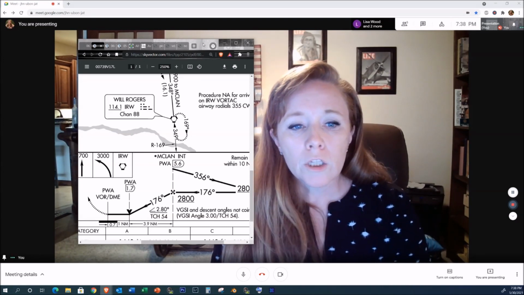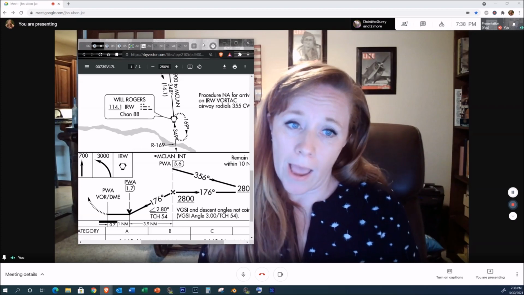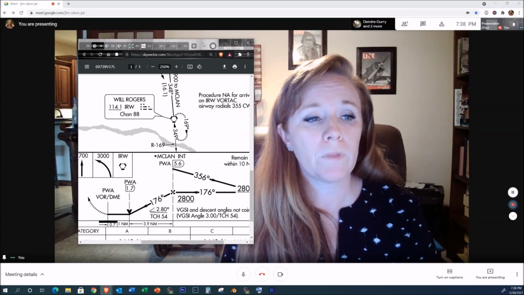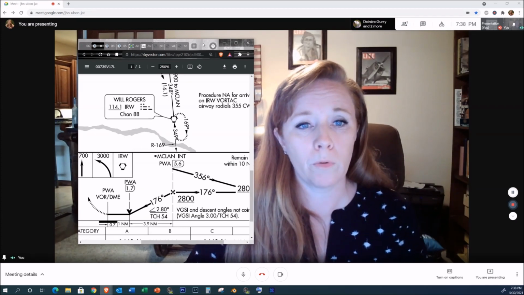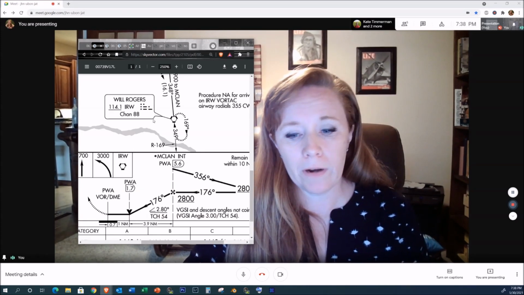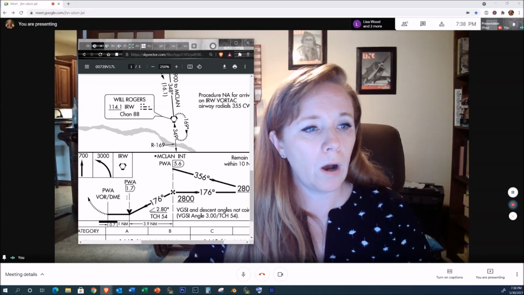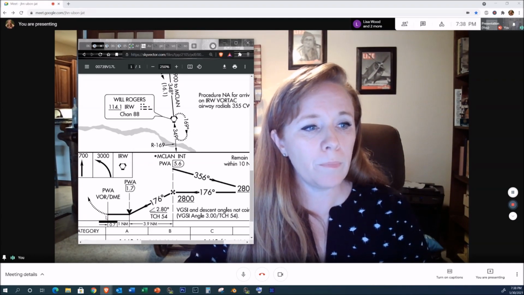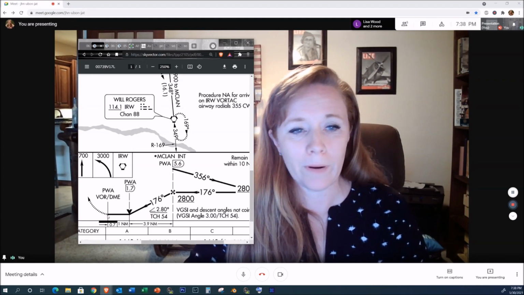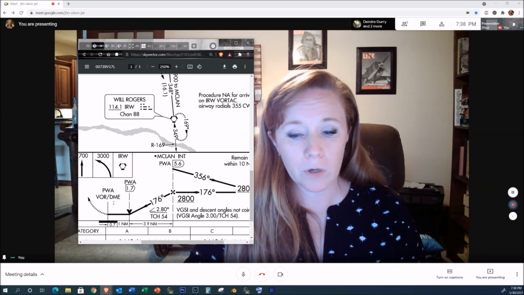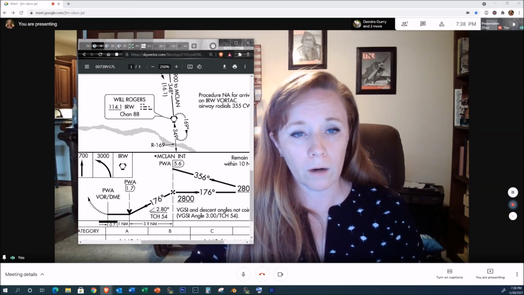Okay. So then the last part here is the actual missed approach. So where the missed approach point is also very different on a lot of the approaches. So here you can see at Wiley Post, the missed approach point is halfway down the runway, essentially. Your missed approach point is the VOR.